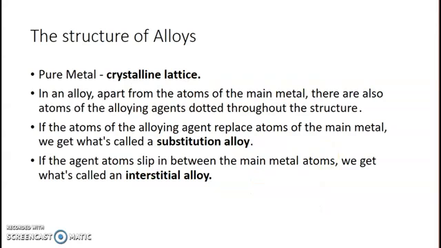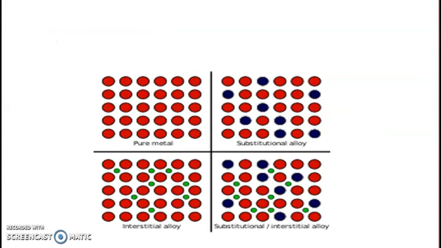The next one is interstitial alloy. In this case, the agent atoms slip in between the main metal atoms. In the third diagram you can see some green dots in between the red dots. The red dots represent the pure metal atoms, whereas the green dots represent the atoms of the agents which are added to the main metal.